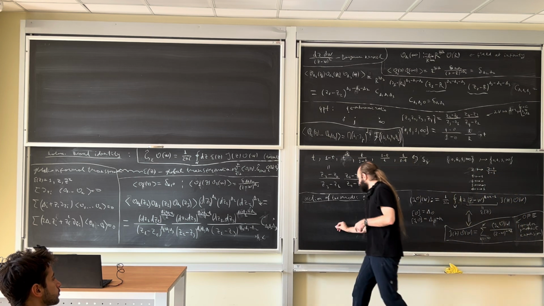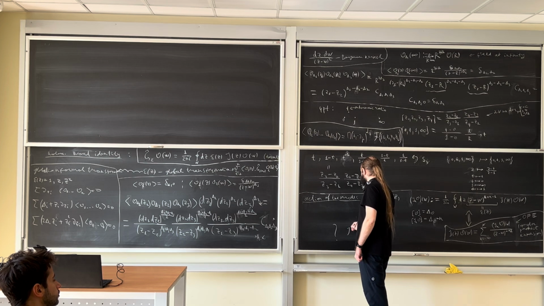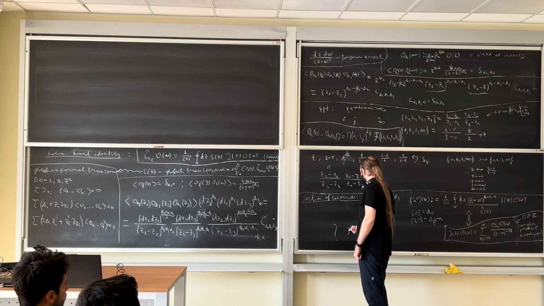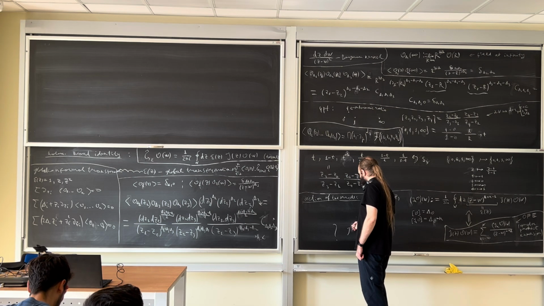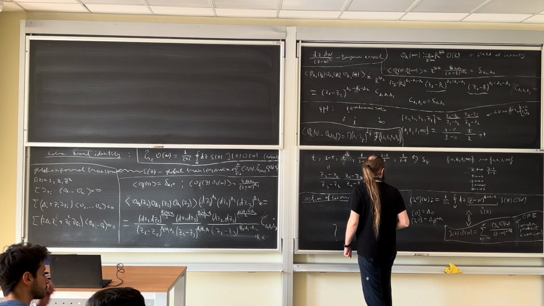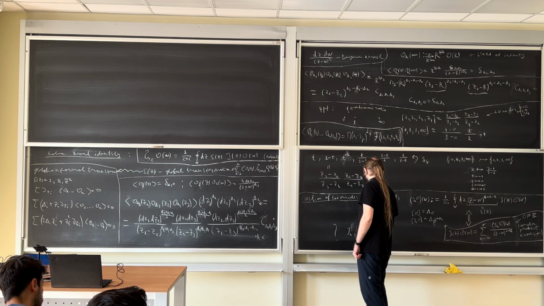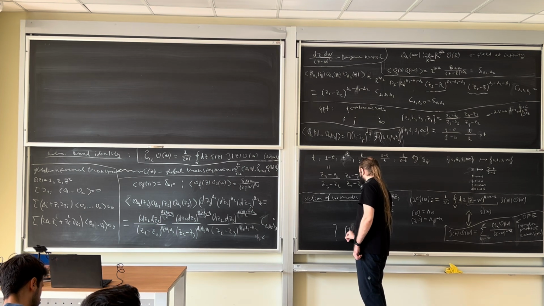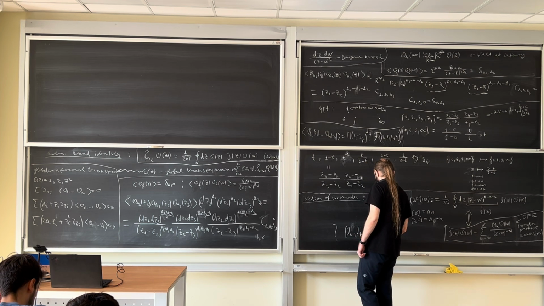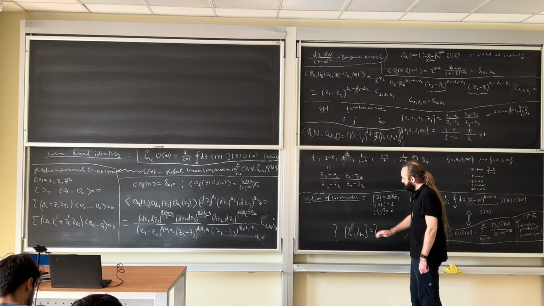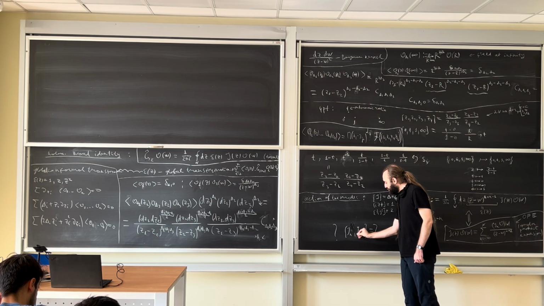So the question is, if you have some currents, maybe let us call them J_n and I_m, I want to compute this.